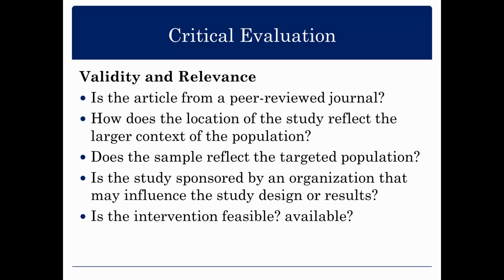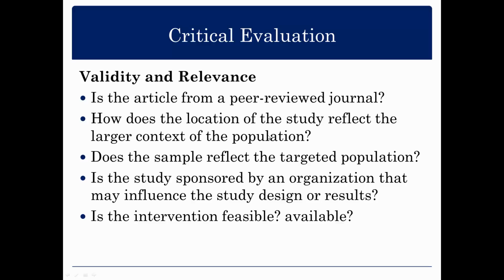Some, unfortunately, there's been a lot, again, in the news about journals that have popped up without peer review or with fake peer review. So that's been a major issue. So understanding the journal and the journal's quality gives you an idea of the validity and relevance of the result that's being published. You have to also look at where the study was done.